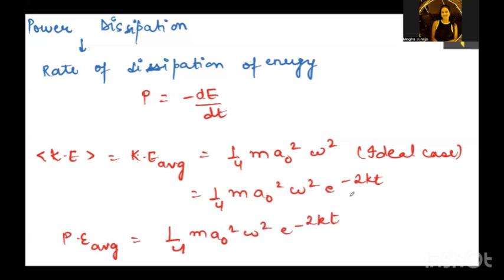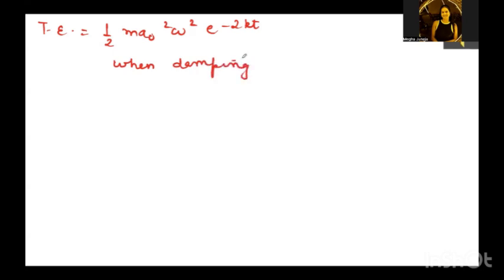So from here what we can say, total energy हमारी कितनी हो जाएगी, total energy will be equivalent to 1 over 2 m a naught square omega square e raised to the power minus of 2kT. So we can say this is going to be the total energy when damping is absent.